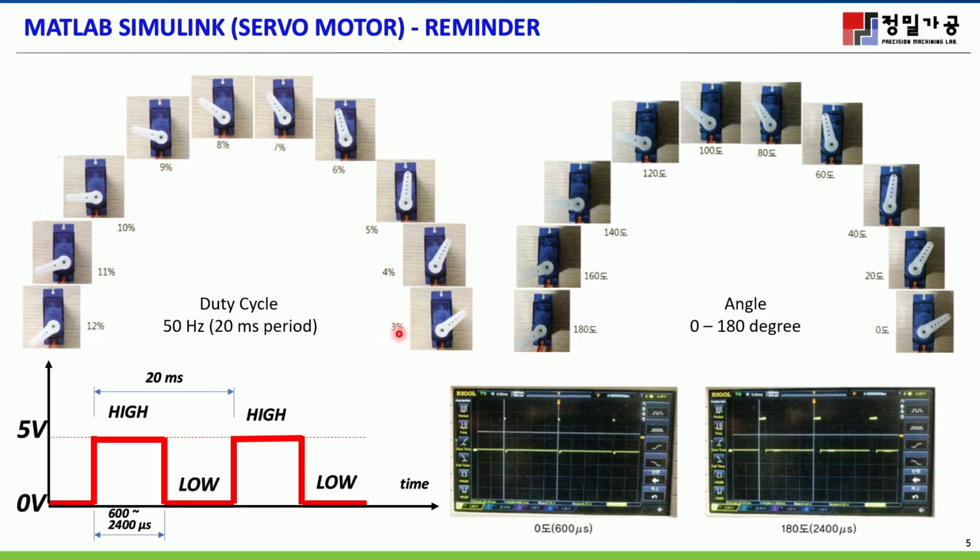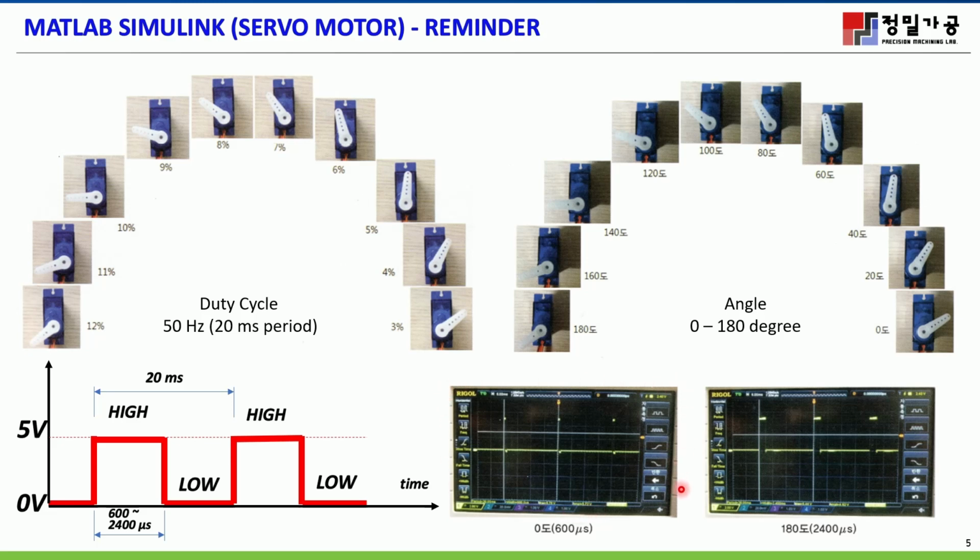You can drive a 3%, 4%, 5% up to 12% duty cycle, which corresponds to the angle of rotation of the shaft by controlling the pulse width modulation input. This motor has an input period of 50 Hz or 20 milliseconds, and the duty cycle is arranged within 600 to 2400 microseconds.